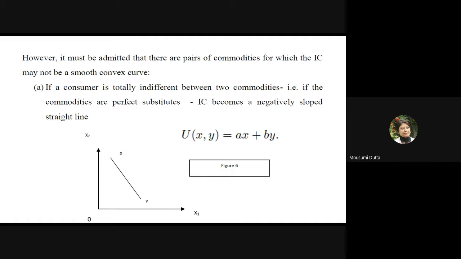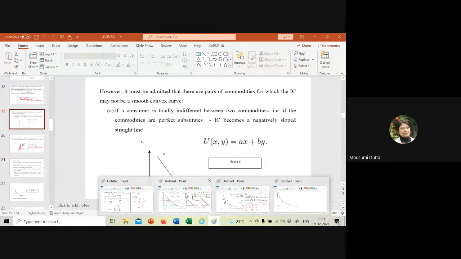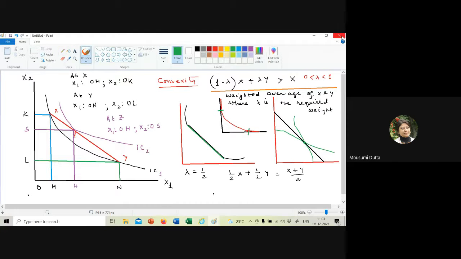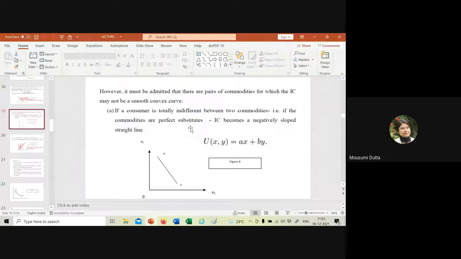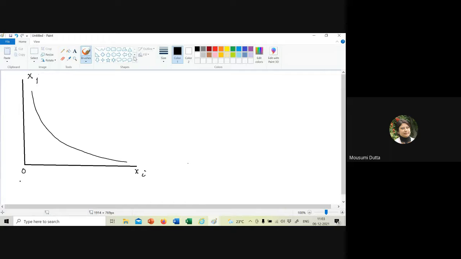So if in reality we find that commodities are perfect substitutes to each other, let's see what is happening. So this is the indifference curve I am considering.